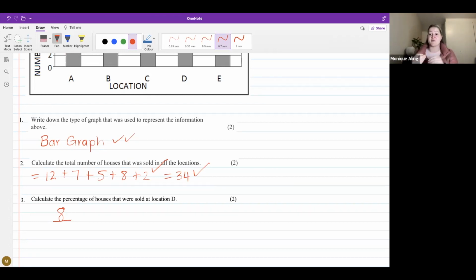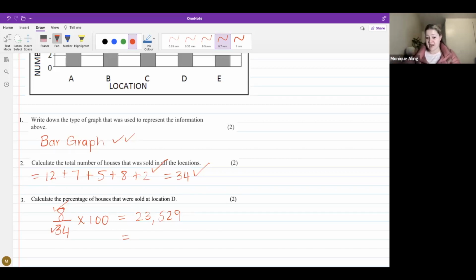So what we're looking at, D, is 8 over our total, which is 34. And because we want it in percentage form, we times by 100. So what we're looking at over our total times by 100, which gives us 23,529. Okay, but we always round to 2 decimal places.